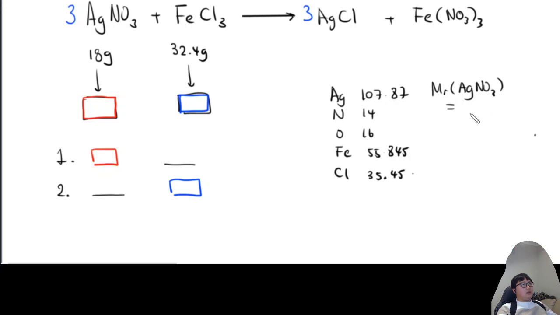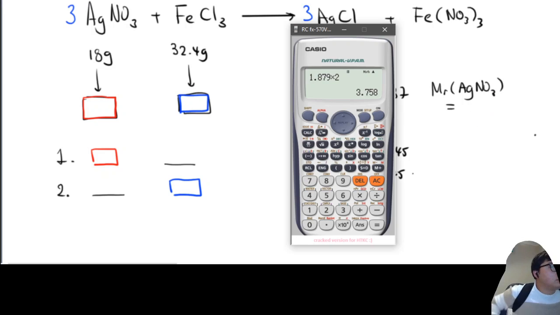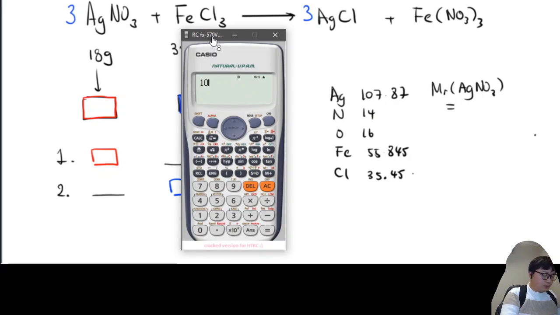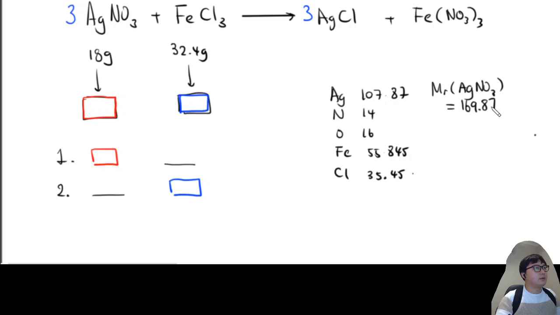So the molar mass of AgNO3 is, let me just calculate that. So that's 107.87 plus 14 plus 16 times 3. That's 169.87. And FeCl3, what's the molar mass for that?